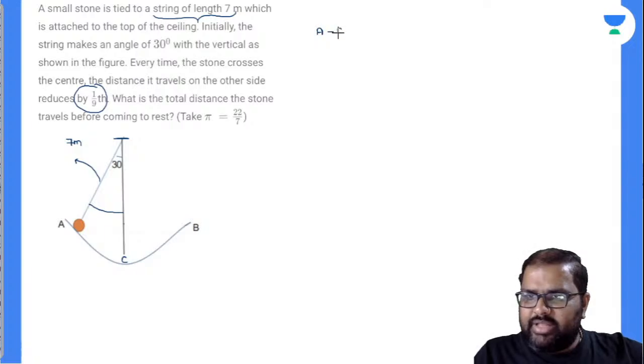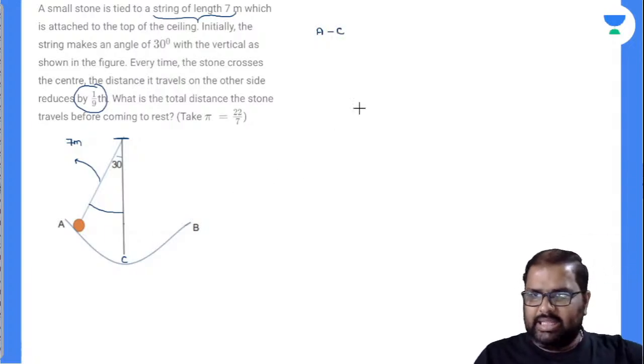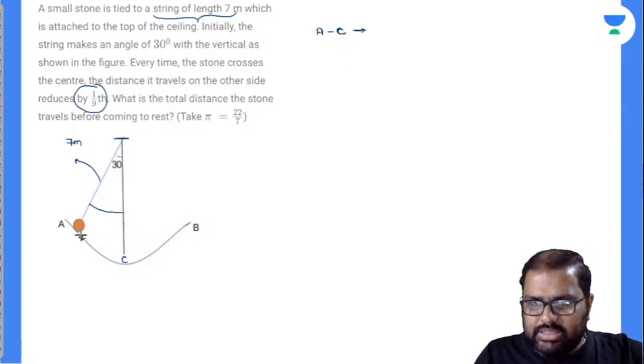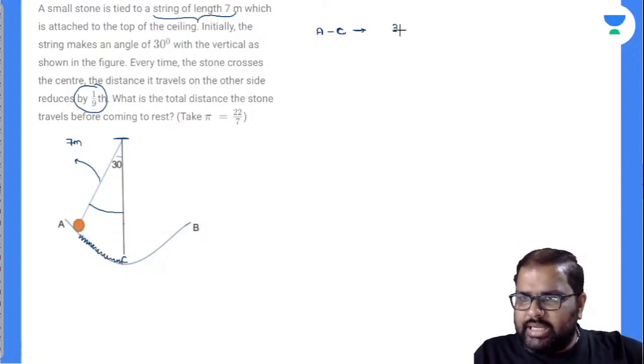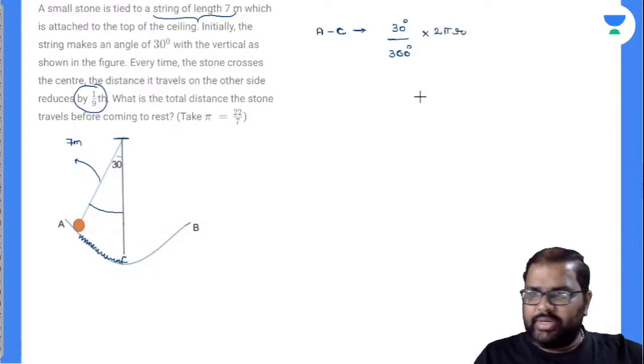Now see here, if there is no ceiling and you rotate it, it will be a circle. So from A to C it is a sector. Am I right or wrong? I have to find the circumference length from A to C. So it is 30 degrees divided by 360 degrees into 2 pi r. Pi value is to be taken as 22/7.